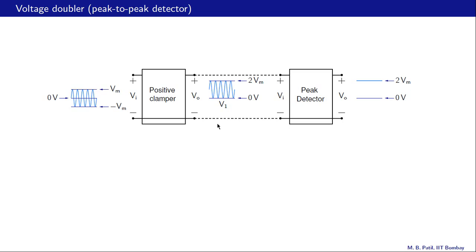We can put these together to make a voltage doubler circuit, also called the peak-to-peak detector. So this figure shows the basic idea behind this combination. The input voltage is a sinusoid from minus Vm to plus Vm, as shown here.